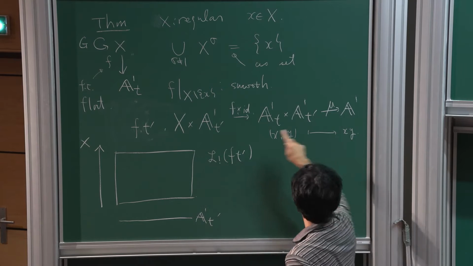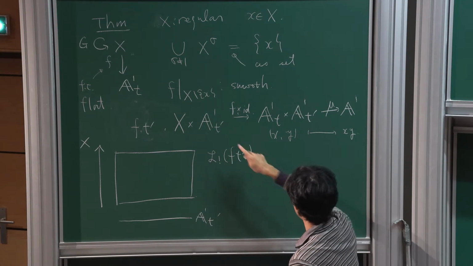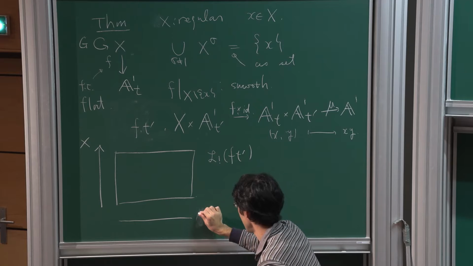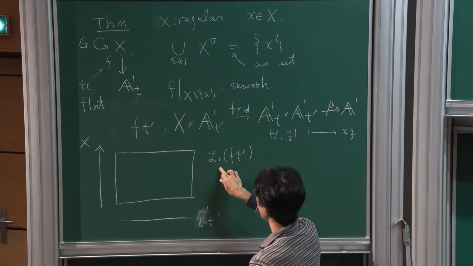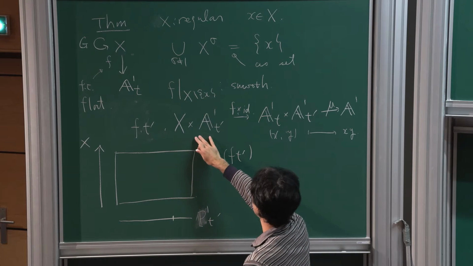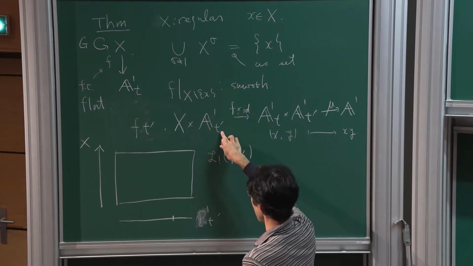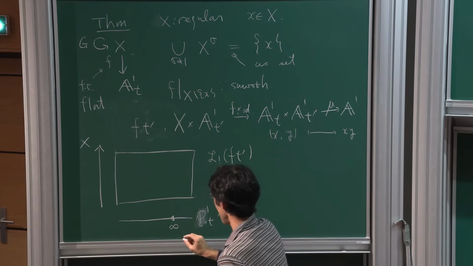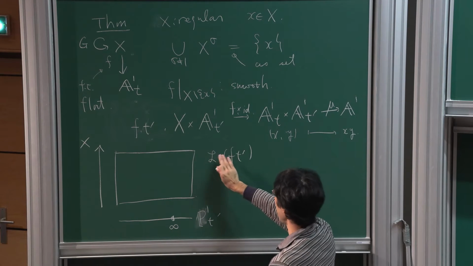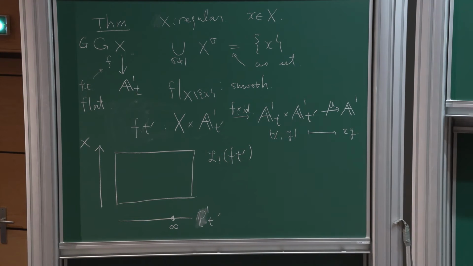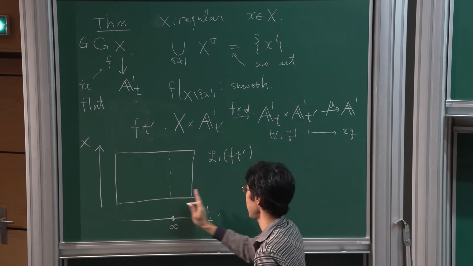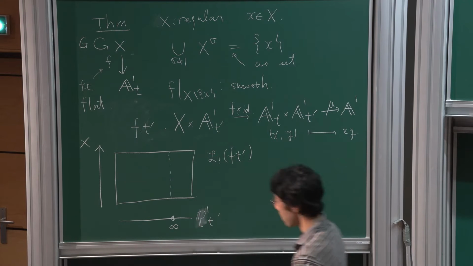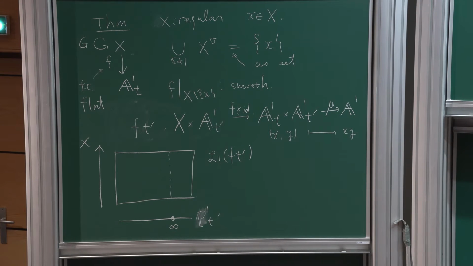Since this is from X cross A1 T prime, a priori, at infinity this sheaf L of f T prime is not defined, but I extend it by 0. So I have some sheaf on P1 cross X. Infinity prime, exactly.